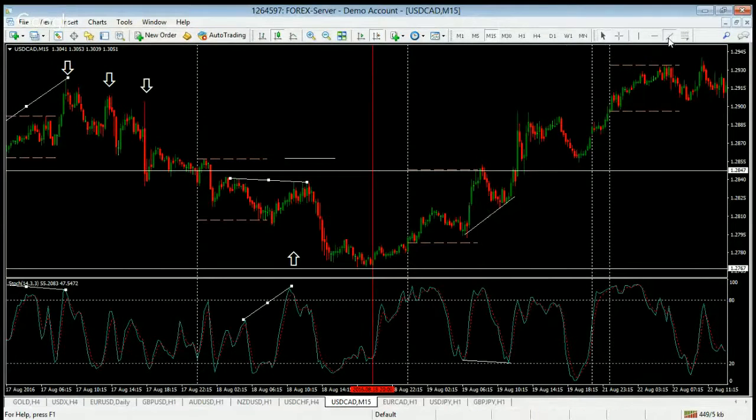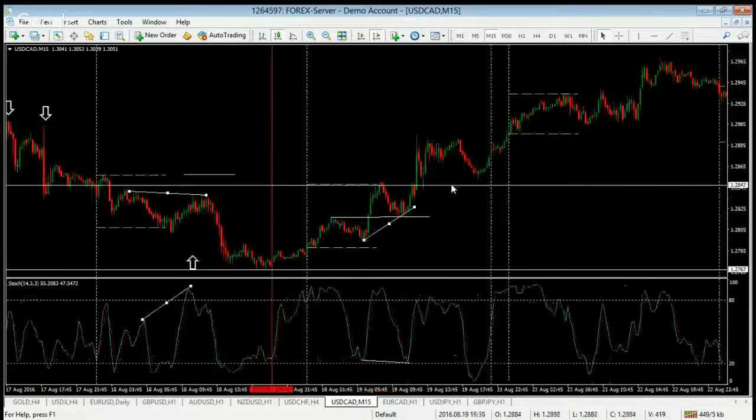And I think it was retesting this broken level. When price broke through, it came and tested it back. So that's another probability in your favor. The odds are in your favor now, so you can take the trade.